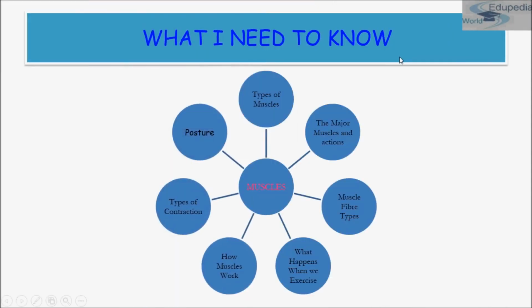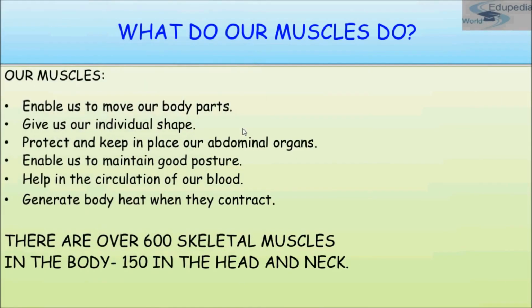Now, what I need you to know: types of muscles, the major muscles and their actions, muscle fiber types, what happens when we exercise, how muscles react when we exercise, how muscles work, and the types of contractions seen in muscles, which provide an erect posture to the human body. So, what do our muscles do?